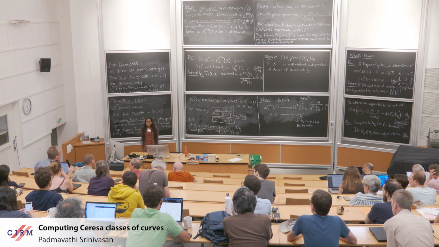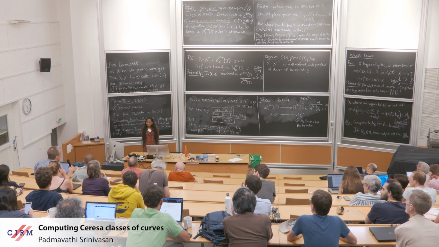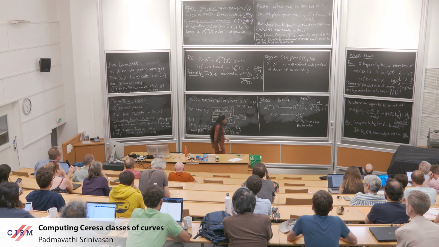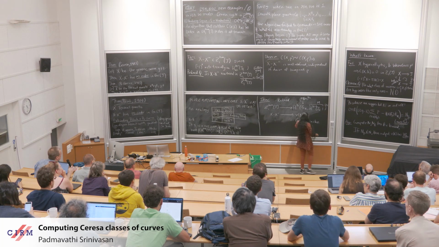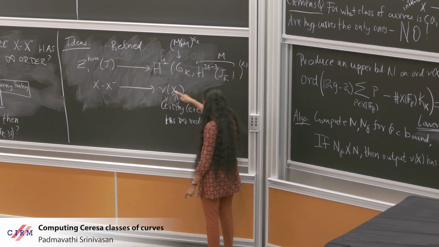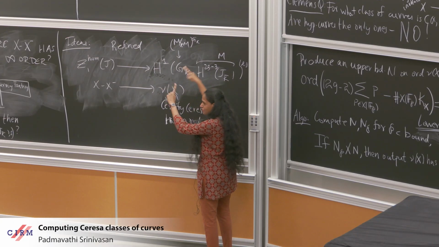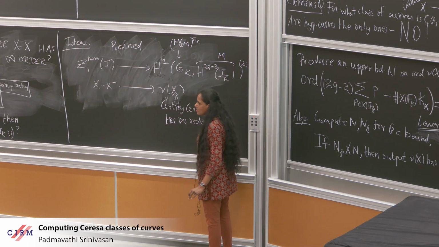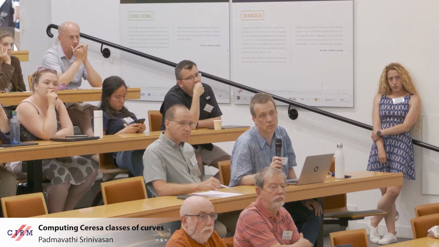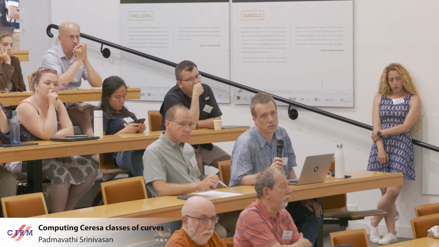For the class of the Ceresa cycle, is that dependent on the base? Does it behave well under base field extension? I guess so. You look at the base extension of the curve. I think you can draw commutative diagrams. You can just base extend. If you're just interested in whether it's torsion or not torsion, yes, certainly that's a geometric property.